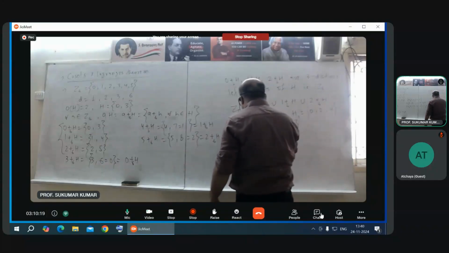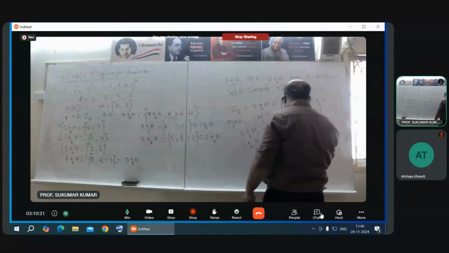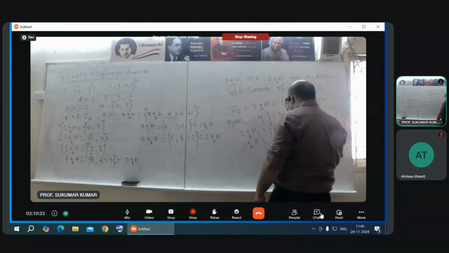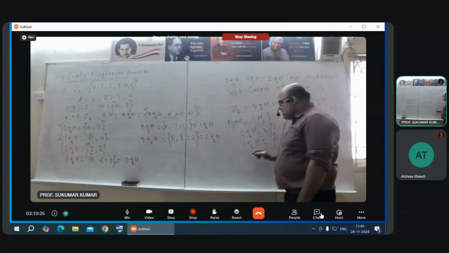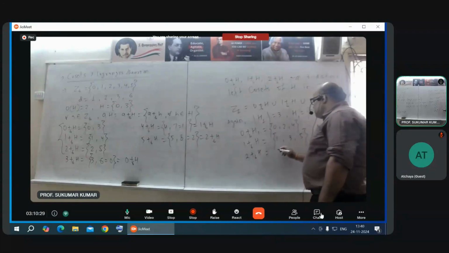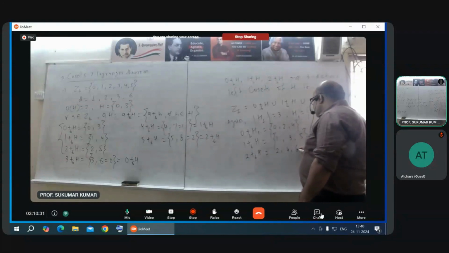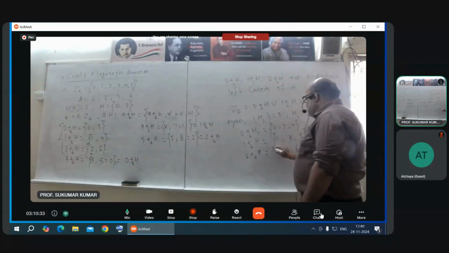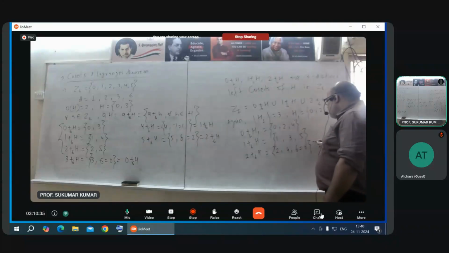Then 1 plus H1 gives 1, 3, 5. You see here, after this repetition will happen. 2 plus H1 means 2, 4, 6, and 6 modulo 6 is 0. You see 0, 2, 4, which is 0 plus H1.